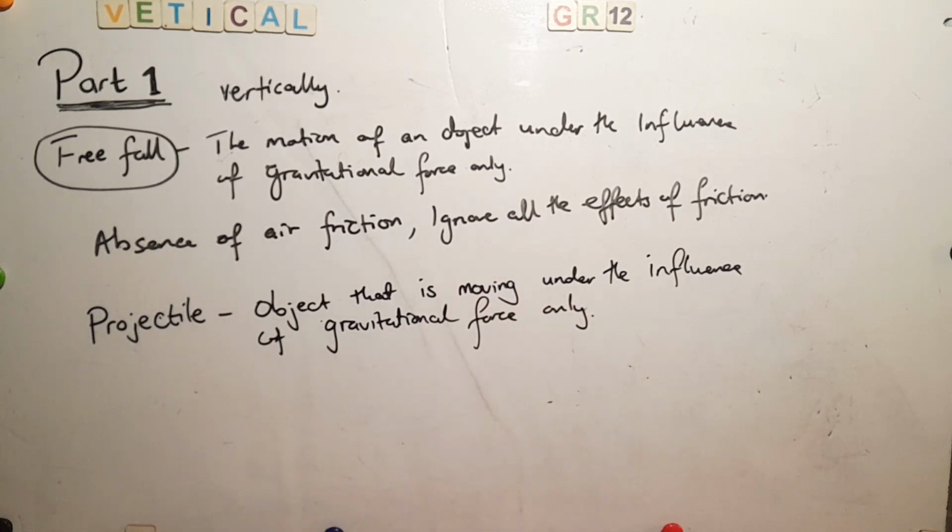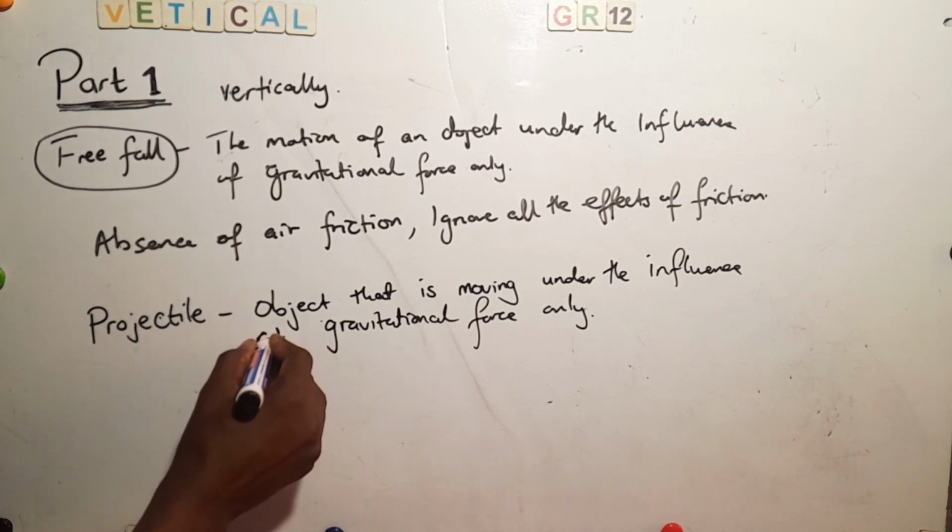So we said free fall is the motion of an object under the influence of gravitational force only. Now a projectile is the object that is moving under the influence of gravitational force.